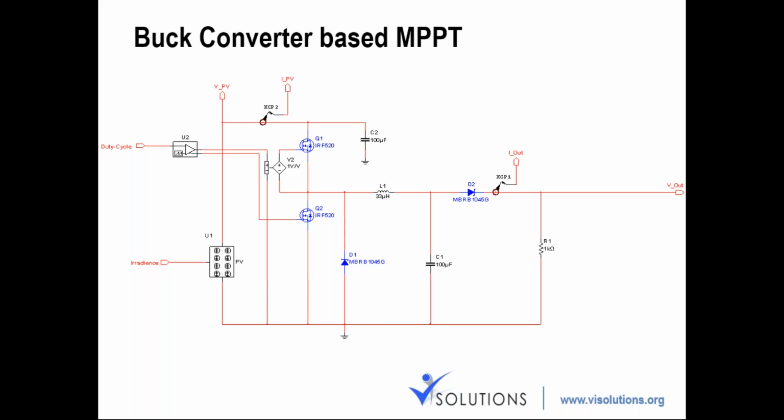Of course, we already brought in the solar panel component. Now we need to build the power electronic circuit inside Multisim as a part of the MPPT based charging station. Since renewable energy is used, we need to implement a maximum power point tracking system, which is going to monitor and control the output power from the solar panel.